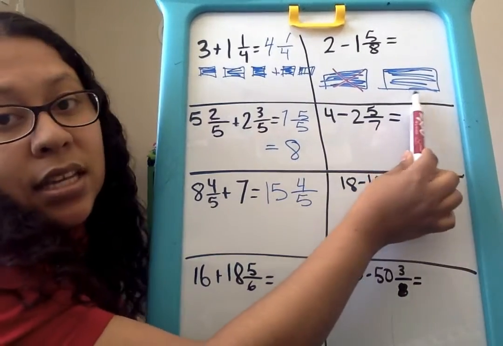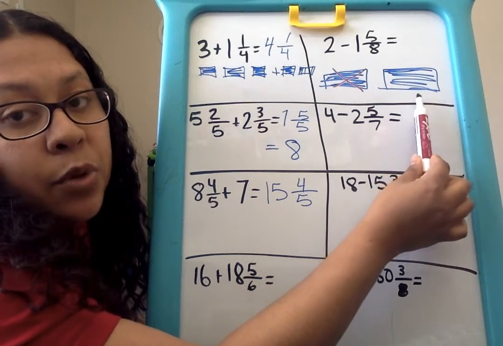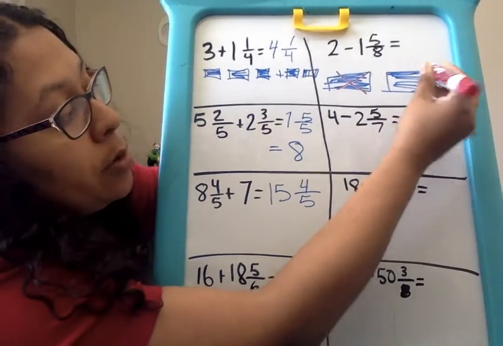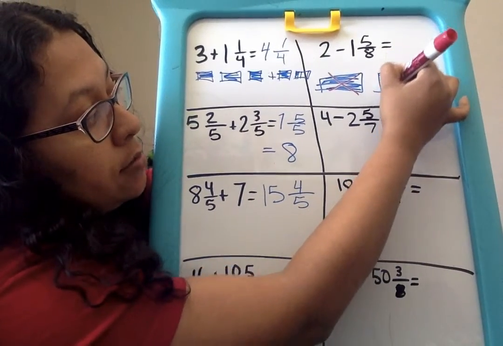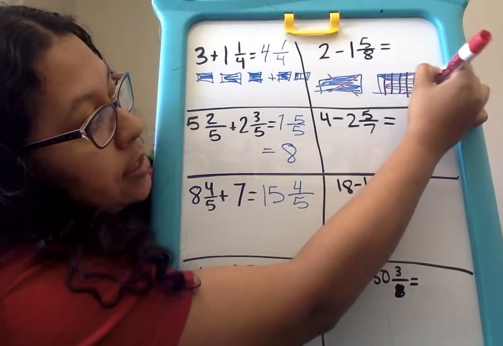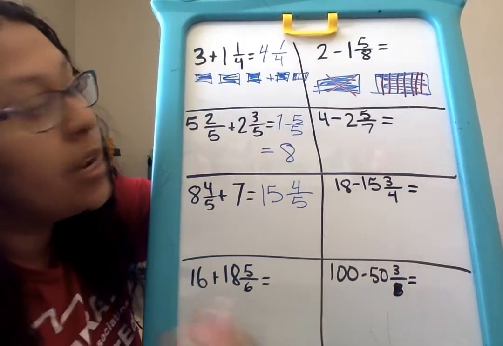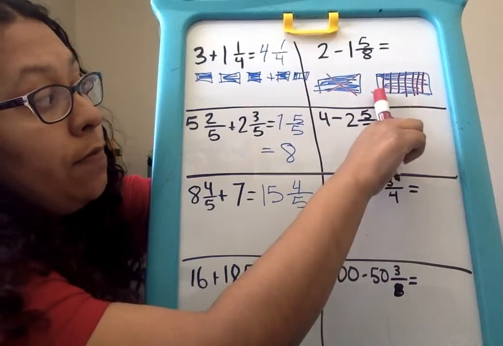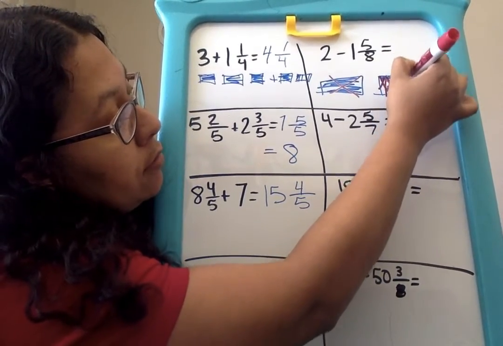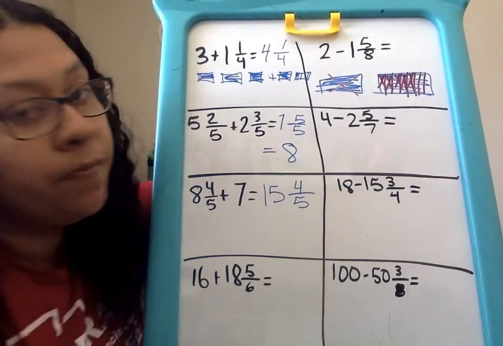So that means this other tape, the second tape diagram, we're going to split it into 8s and then take away 5/8. So I'm going to draw 7 lines to make 8s. 1, 2, 3, 4, 5, 6, 7, 8. So now I'm going to take out 5 of those. 1, 2, 3, 4, 5.